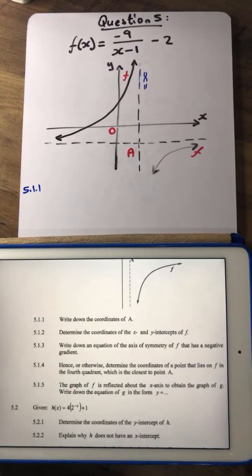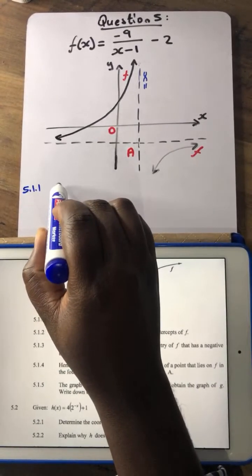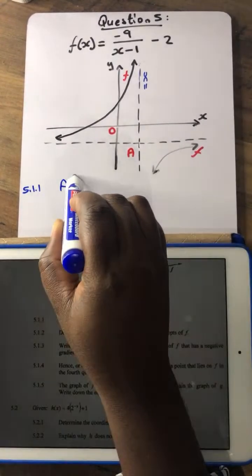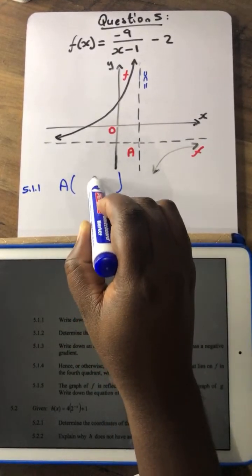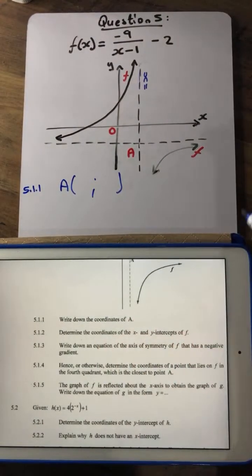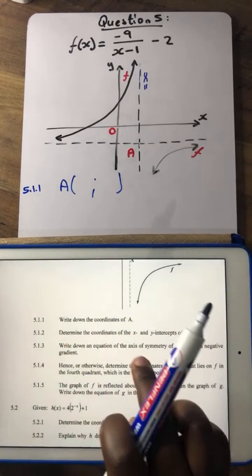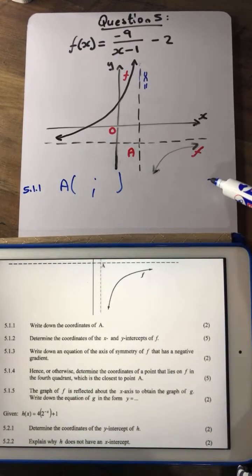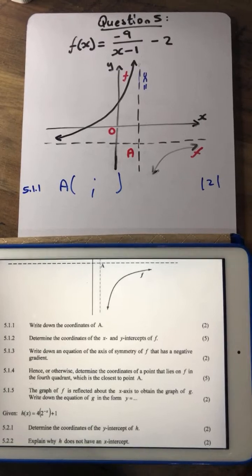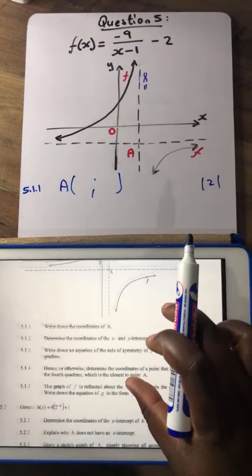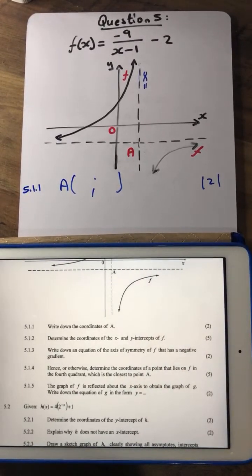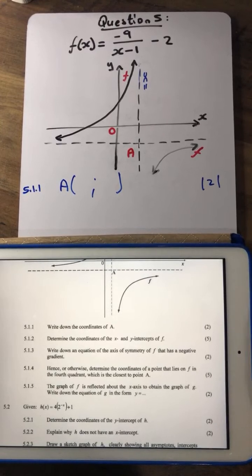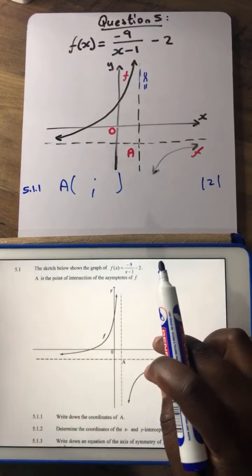So you do nothing much but just write down. With you writing down, they will give you 2 marks. The question now is, how do we write the coordinates of A? Where do we get the coordinates of A?